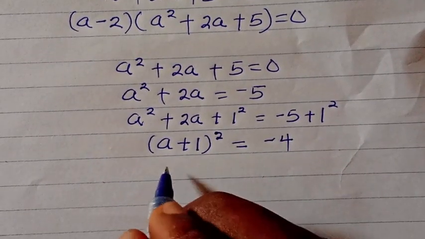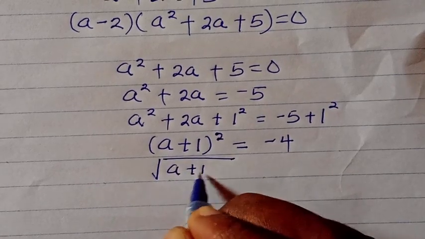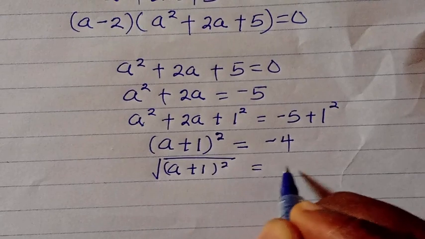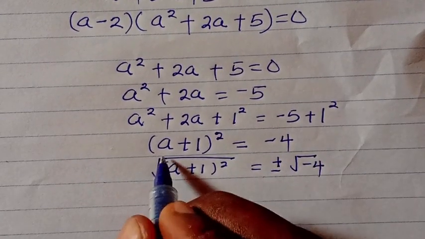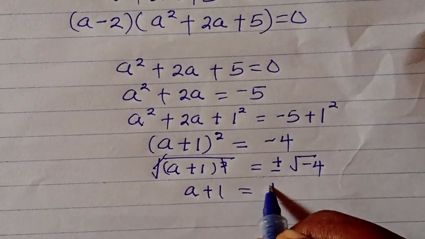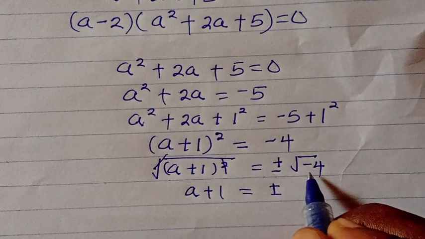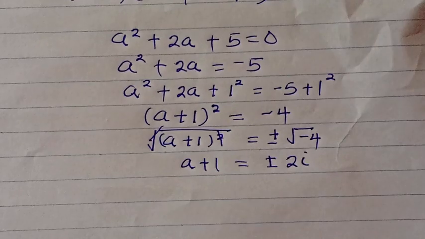By taking the square root of both sides, we have the square root of (a plus 1) all squared equals plus or minus the root of minus 4. So this cancels and we have a plus 1 equals plus or minus the root of negative 4, which is 2i.